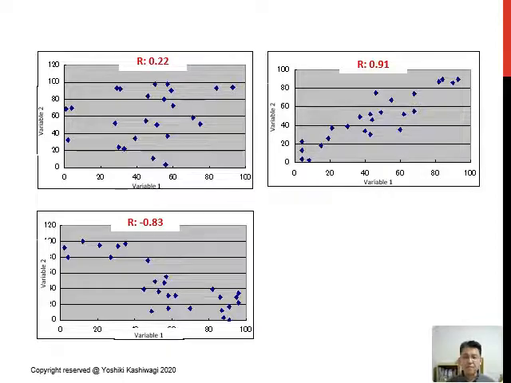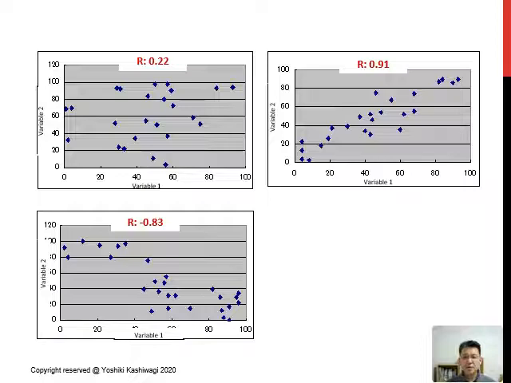If you take the coefficient, it is just 0.22. This is small enough. So you can say these two variables or data sets don't have correlation.